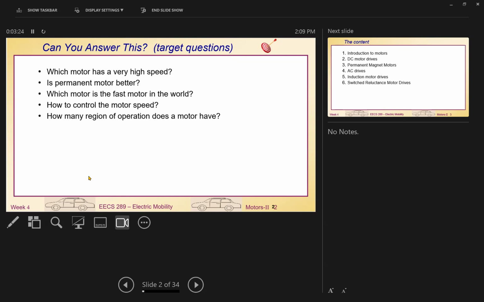For PM, because the magnetic field is so strong, the air gap can go up to about 1 millimeter. But for other motors, like the switched reluctance and induction motor, we have difficulty enlarging the air gap. Otherwise, the efficiency of the motor is not very good. So probably 0.5 mm. These are rules of thumb.